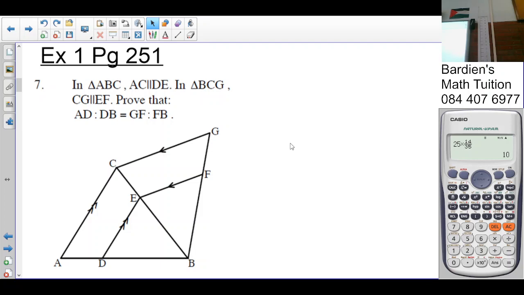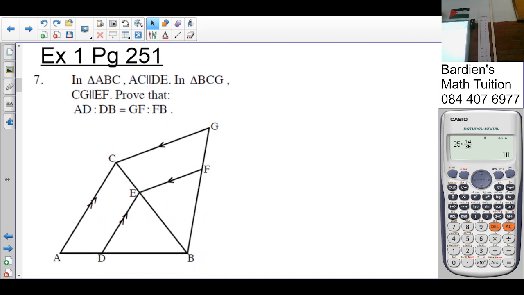Look at number 7. In number 7, we are told that in triangle ABC, so here we have two big triangles, that AC is parallel to DE. So if AC is parallel to DE, then AD over BD is equal to CE over EB. You all agree with that? And its variations.